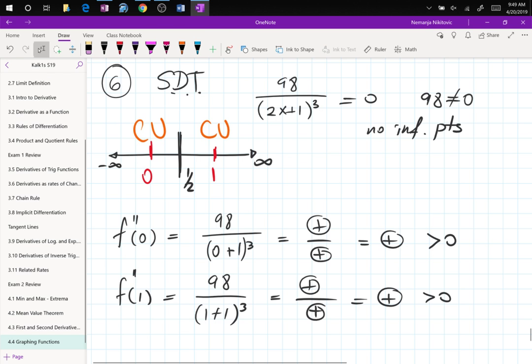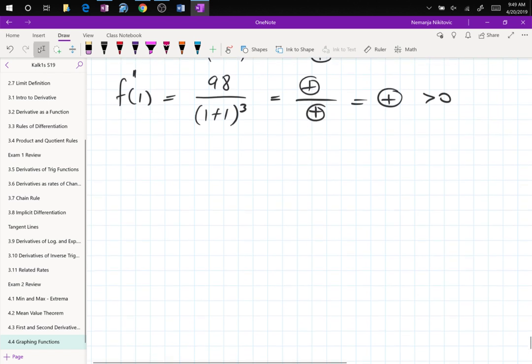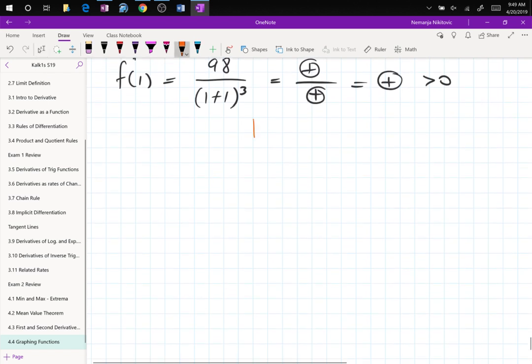So 3 is minimum. Something is terribly wrong here, and here is why. When you draw the graph, it's not going to add up.